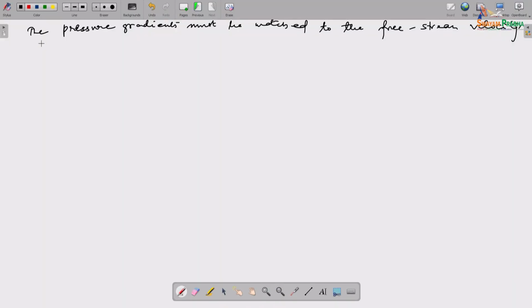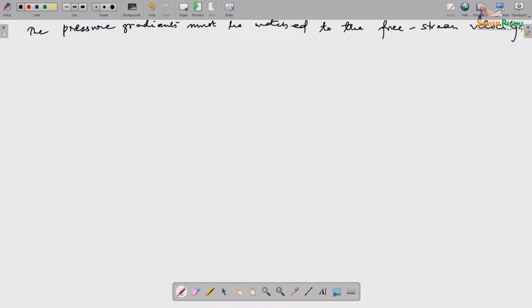You take this location which is just near the edge of the boundary layer, and then you implement that. If you haven't done an introductory course on boundary layer theory, then you have to do it now. So the pressure gradient must be matched to the free stream velocity, which has essentially two components.